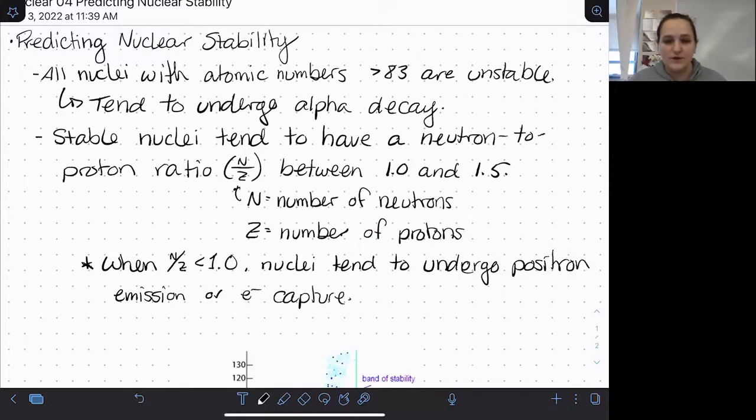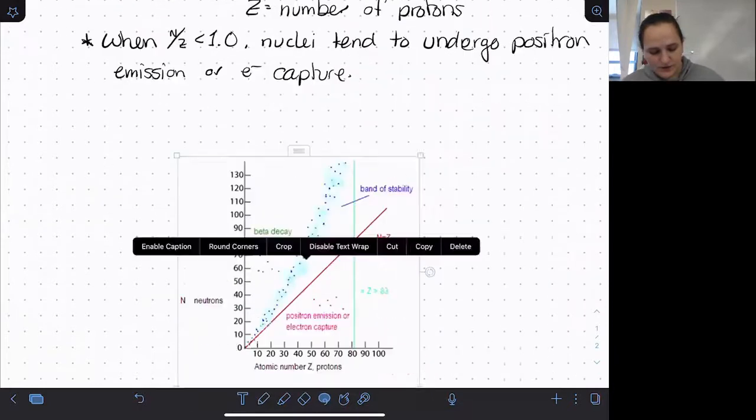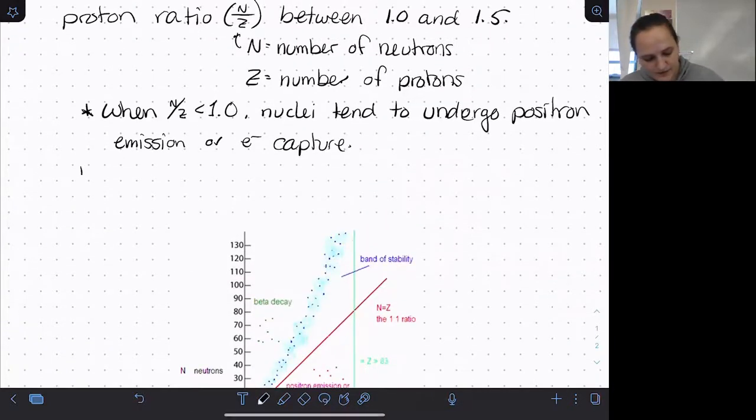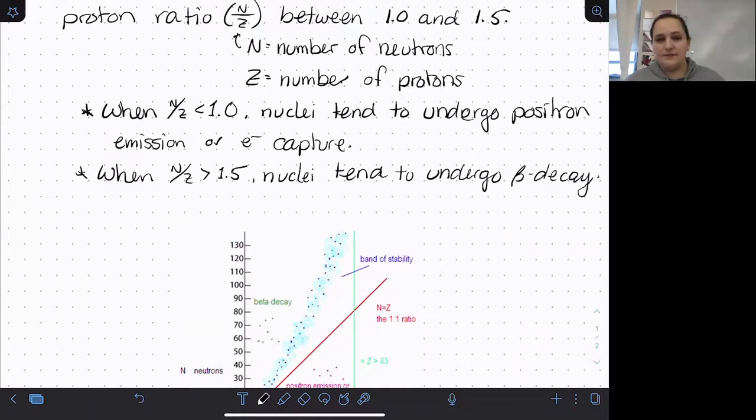So if I asked you a question about this to predict what type, I would gladly accept either or both. When our ratio is too big, greater than 1.5, nuclei tend to undergo beta decay. So we can predict which of these types is likely to happen based on these different factors.